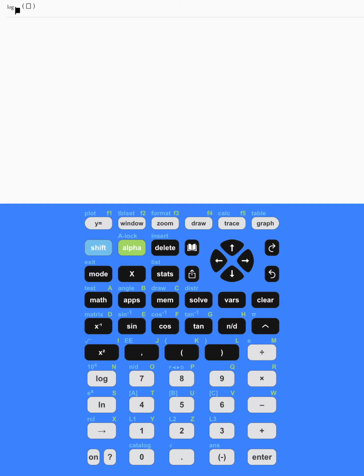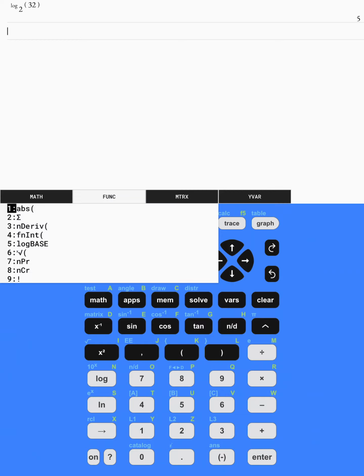So what it should look like is this, where you're able to put that little miniature number in the first number right here. So it's going to be log base 2 of 32. If you have a new version calculator, you should be using alpha window, number 5. I'm hoping it's the same for your calculator. Yep, I just checked.